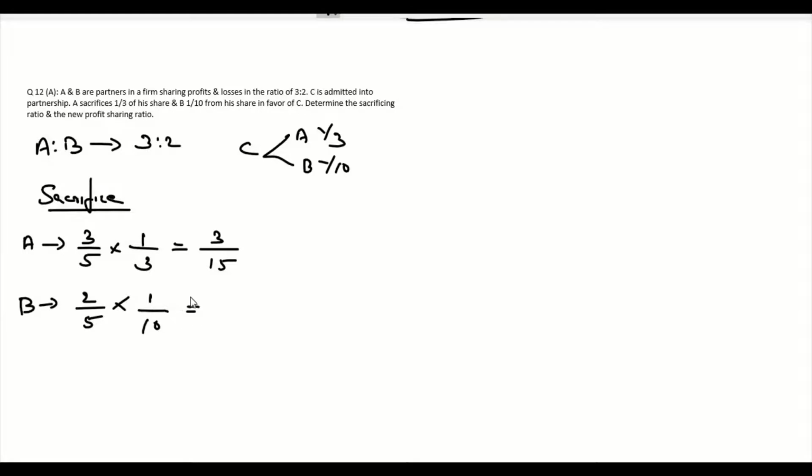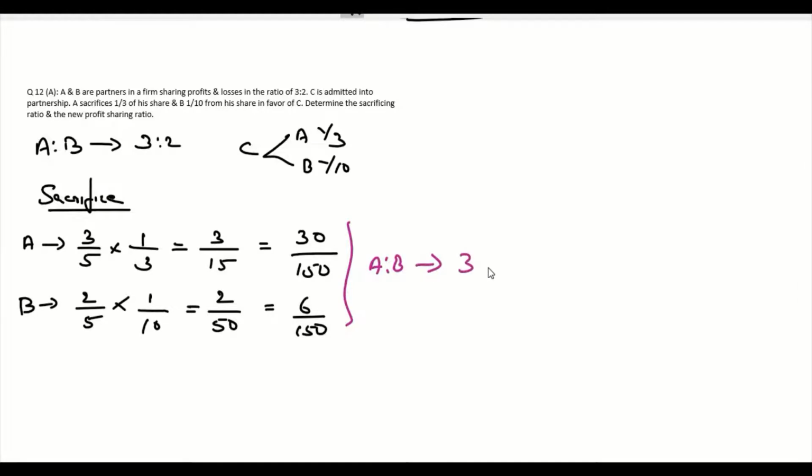That is equal to 2/50. So if you wanted to keep a common denominator, let's move this to 30/150, and this is equal to 6/150. Now what's the sacrificing ratio between A and B? It is 30:6. That is 5:1.